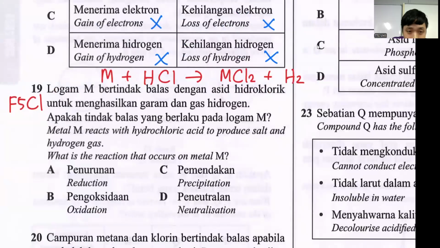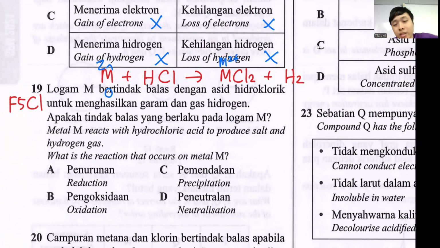So metal M can be like zinc, magnesium, aluminum, or iron. Let's say it's zinc. So let's say the oxidation number is 0. It means M is 2 plus.